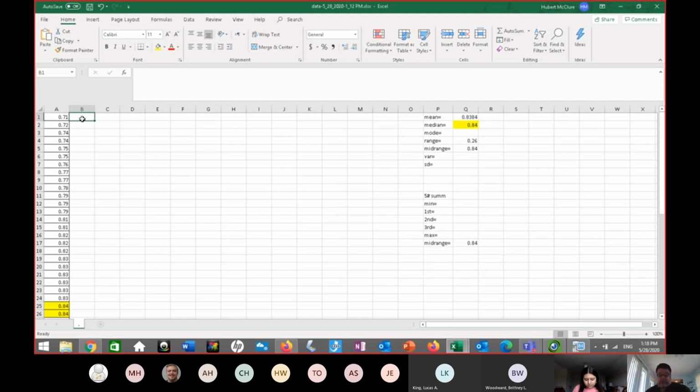Subtract the what? The mean. So minus that number right there, and I'm going to hit function F4 to lock it so it won't shift everything down below it. And hit that right arrow in the bottom right.